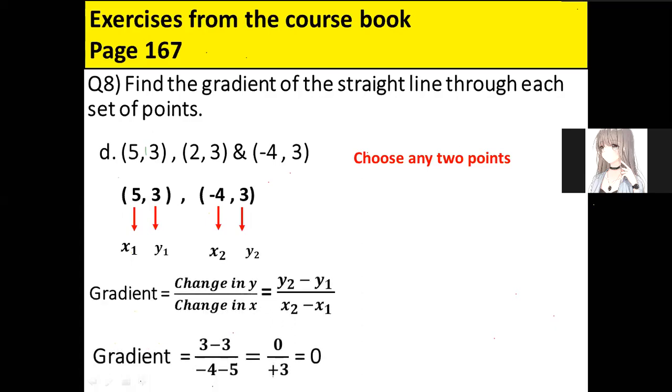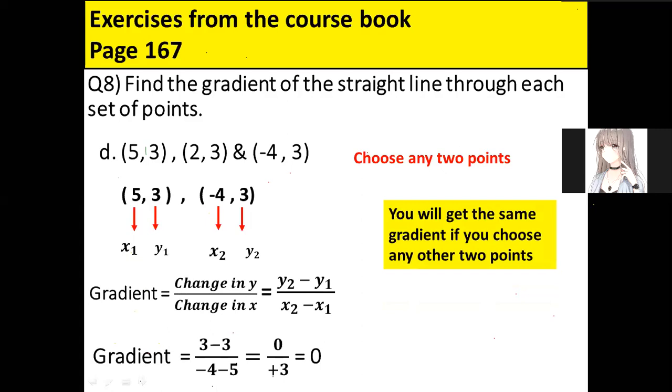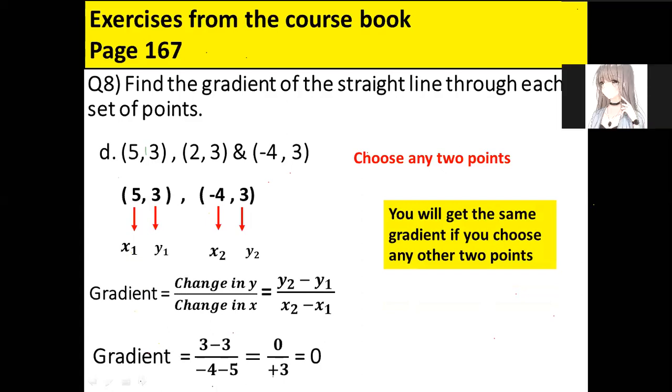And then we're going to do negative 4 minus 5. And that would be positive 3. So the answer is positive 3. Ban, can I ask you something? What kind of lines has a gradient of 0? We took it on the first slide, when I told you, remember, try to remember it. Can you remember that?